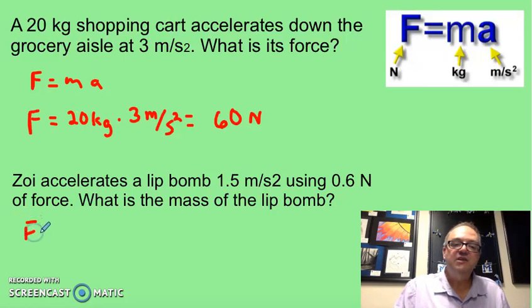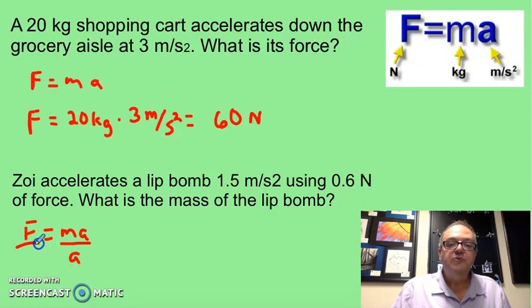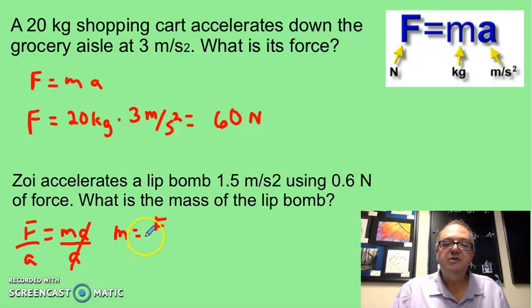That is a reference video. And if you find out that you're not succeeding very well on this, then you have a reference there. But long story short, you want to isolate the m on one side. Those cancel out, and you can flip it. So you're going to have mass equals force over acceleration.